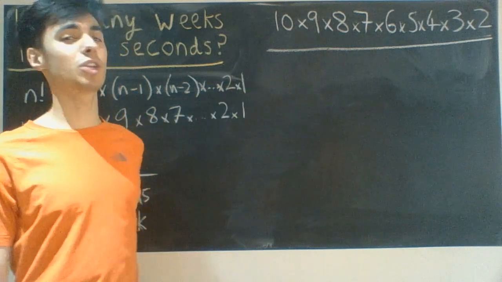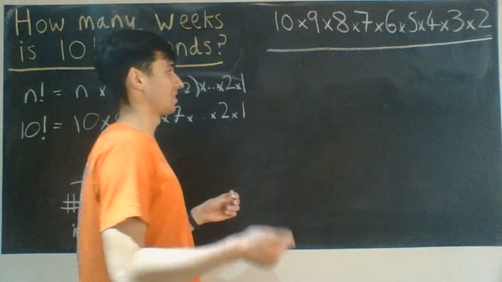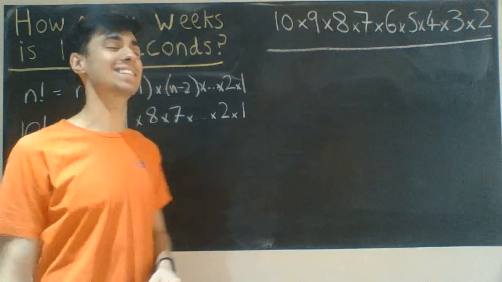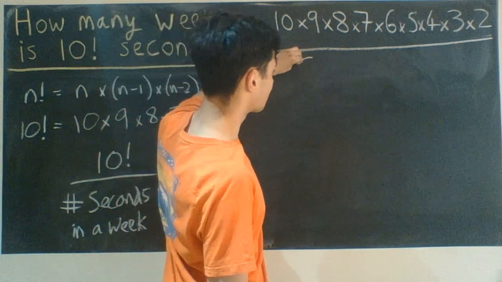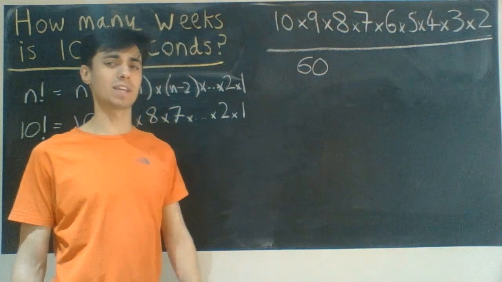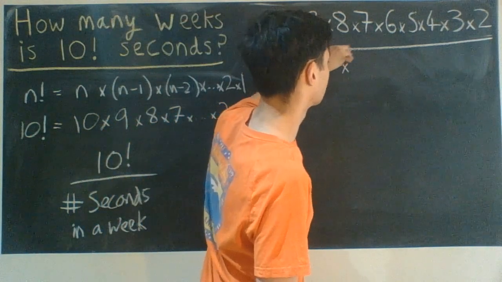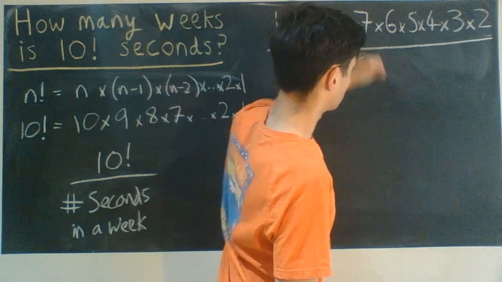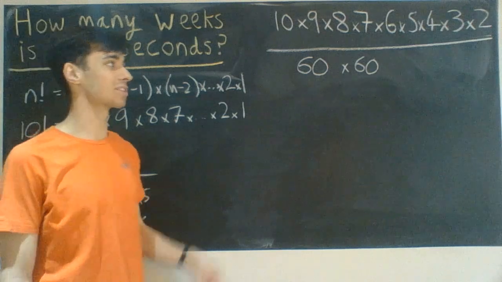And on the bottom, we'd like the number of seconds in 1 week. Thinking about the number of seconds in a week, we first think about minutes, then hours, then days, and then weeks. So we need 60 seconds to make 1 minute. And then we need 60 minutes to make 1 hour. So that would mean we've got 3,600 seconds in 1 hour.